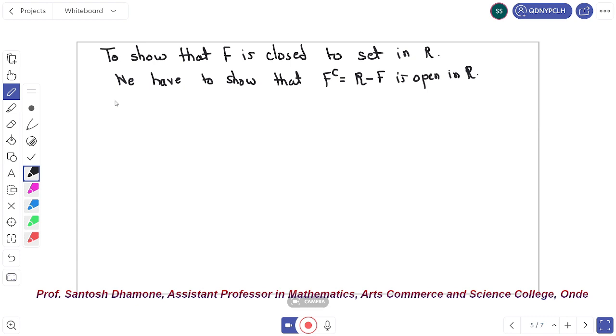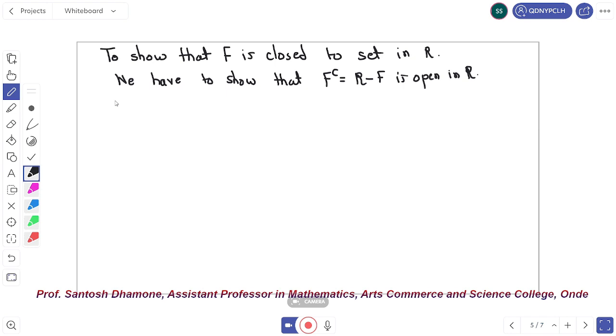The open ball about p with radius r is equal to the set of x belonging to R such that mod of x minus p is less than r, that is d(x,p) is less than r.